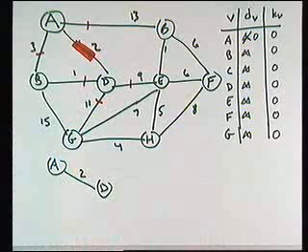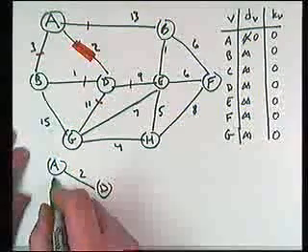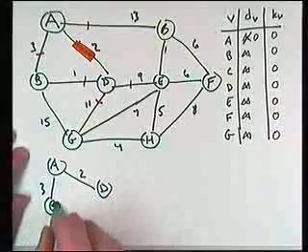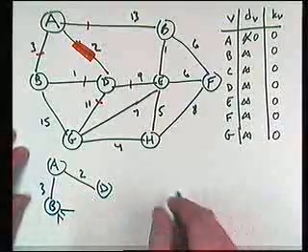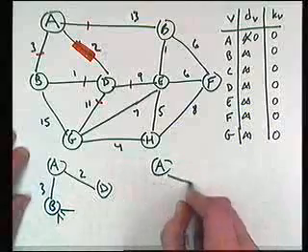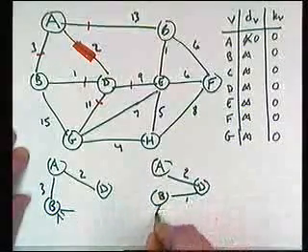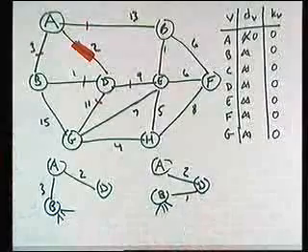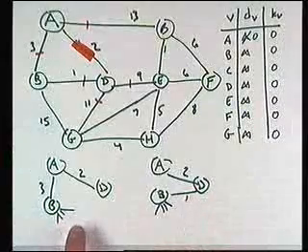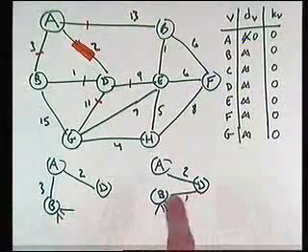So the issue is one of saying, do I want stuff connected to B like that, or do I want stuff connected to B like that? Either way, everything that we may have added to the tree by connecting it to B is still connected to the tree.